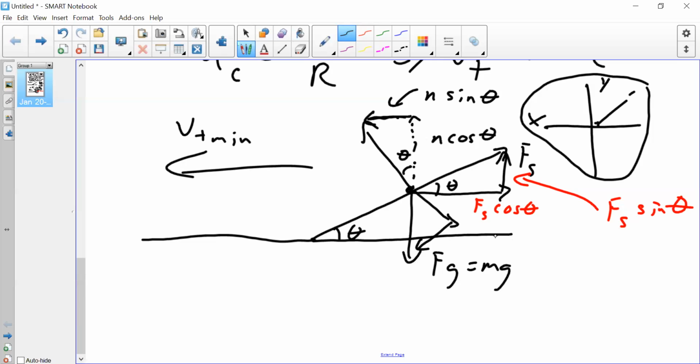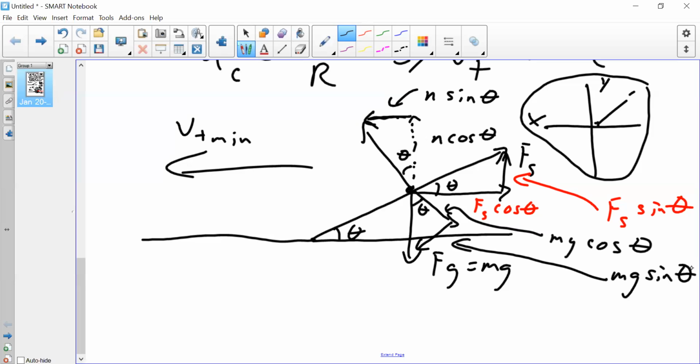This is mg, this is theta. Therefore, you know that this is going to be mg cosine here, and then that's mg sine theta.